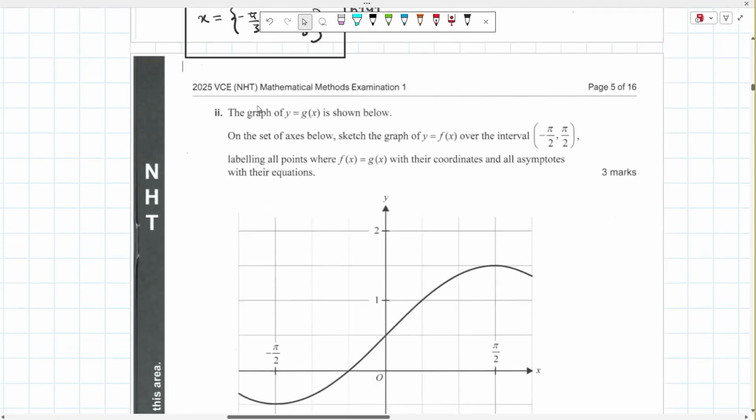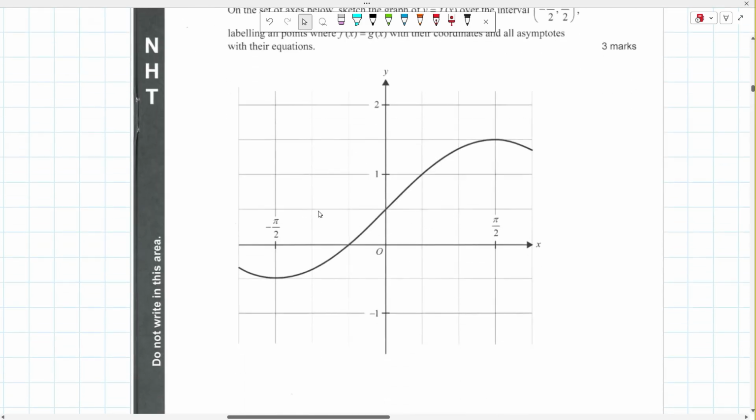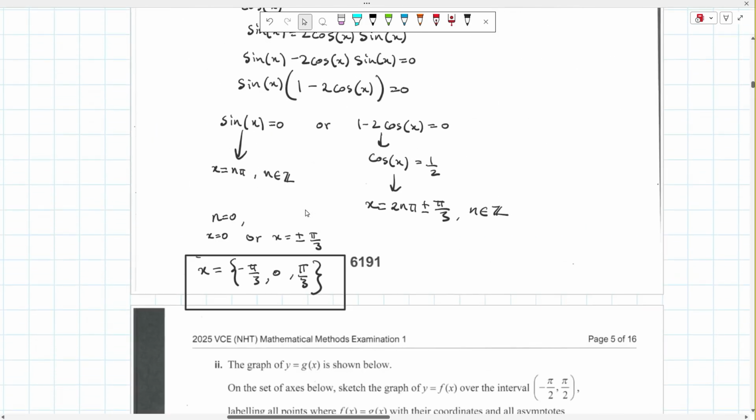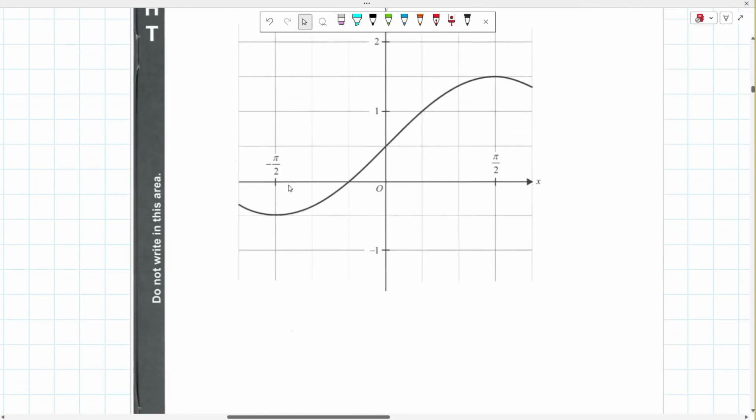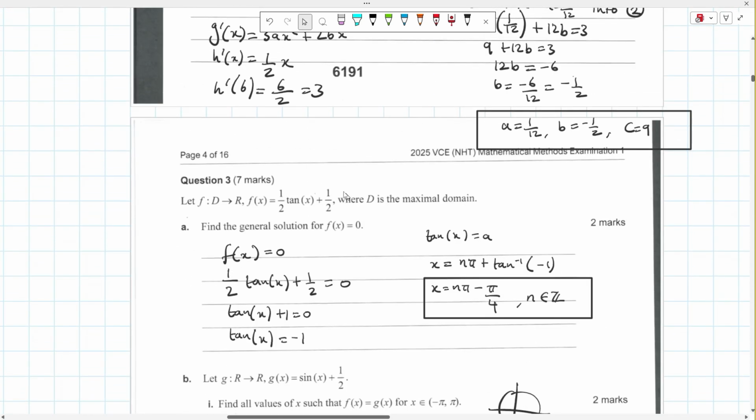Now we have the graph of g of x below. On the set of axes below, sketch the graph of f of x over this interval. Now, tan of x has asymptotes at negative pi on 2 and pi on 2. We can see here that there's been no horizontal shift at all, and they also haven't messed with the period, so they haven't done tan of 2x or anything.